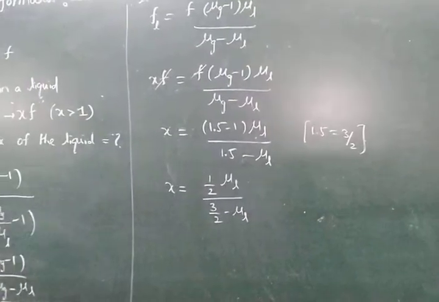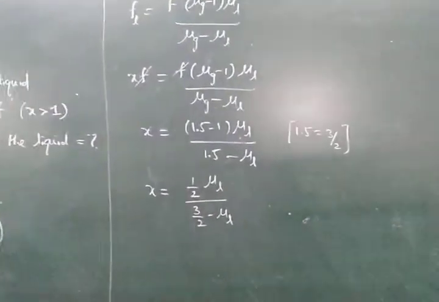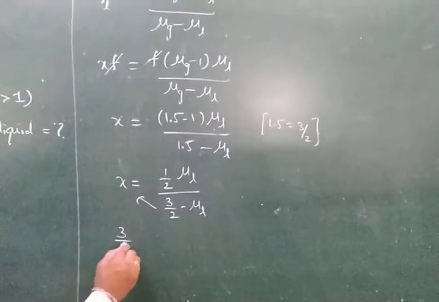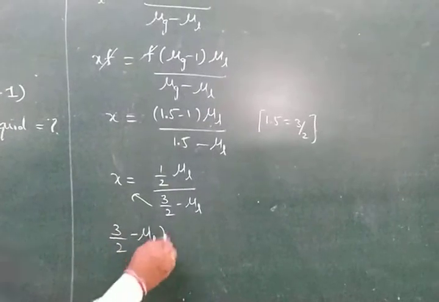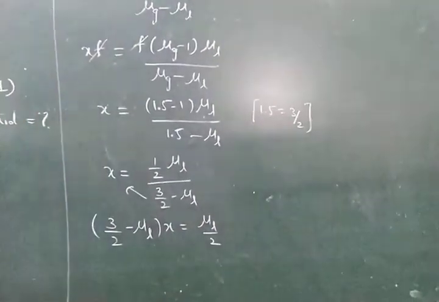Now take the cross multiplication. 3 by 2 minus nu l, into x, is equal to nu l by 2.